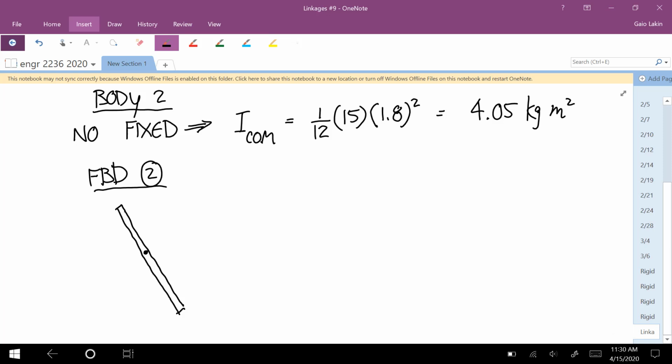And the forces we have: the force on 2 by 1, which is negative F12. We have the weight force, which is 15 times 9.81, 147.15. And then we have here the force on 2 by 3.